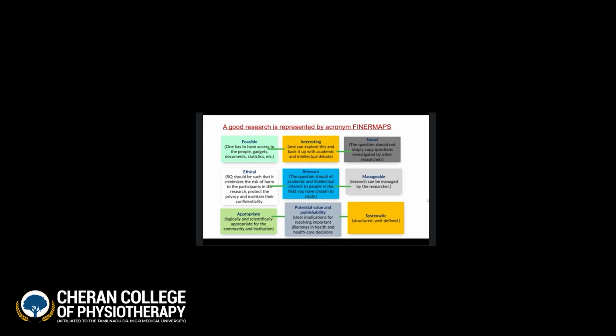We should be very, very cautious that there should not be any harm to the participants when we are doing any research, and we should protect the privacy and maintain the confidentiality of the data. But to be honest, when we write the informed consent to submit to the ethical committee review, I'm the chairperson of the ethics committee review, and I go for inspection with ICMR people as well.